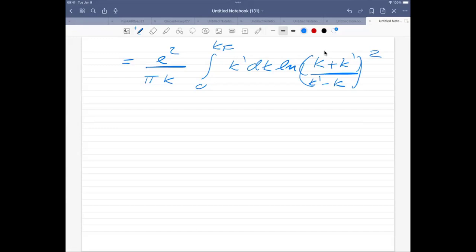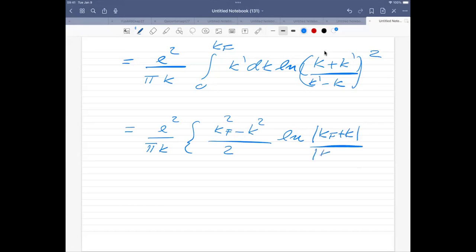When I do all the calculations, I'm going to find that this term here is simply going to be equal to e squared divided by pi divided by k. So when I perform the final integrals, I get (kF squared minus k squared) divided by 2 here, multiplied with ln of (kF plus k) divided by (kF minus k), plus a term k times kF.